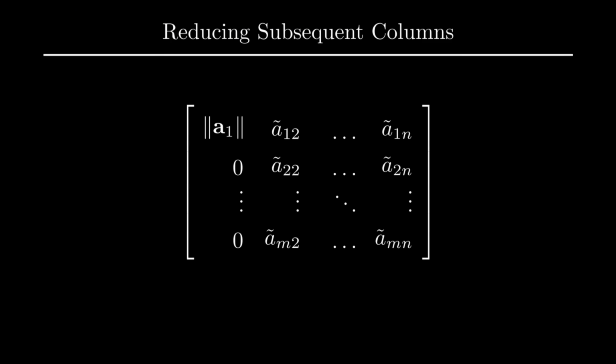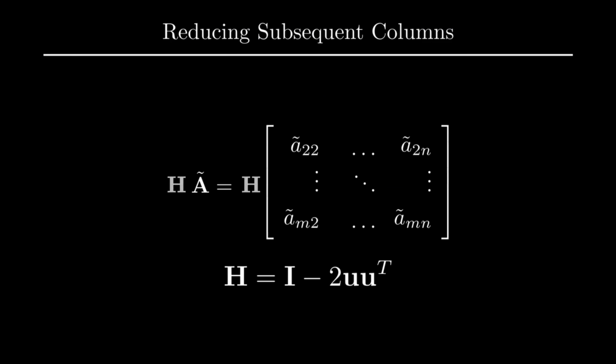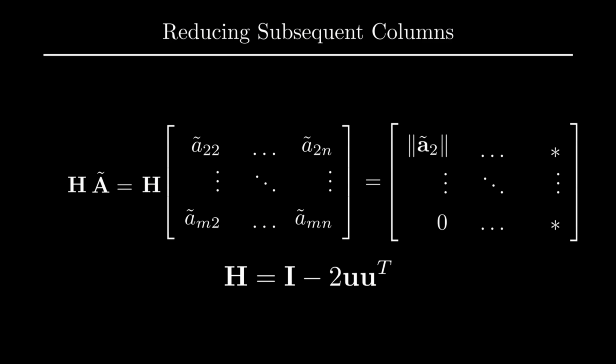Now, before we can jump into an example, the last thing I want to discuss is how we eliminate columns after the first one. The easiest way to do this is to treat the lower half of a matrix like a new matrix that has its own Householder matrices that we can use to row reduce it using the same formula that we just derived.